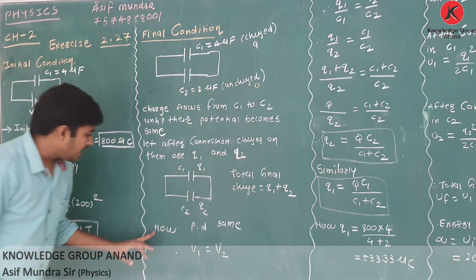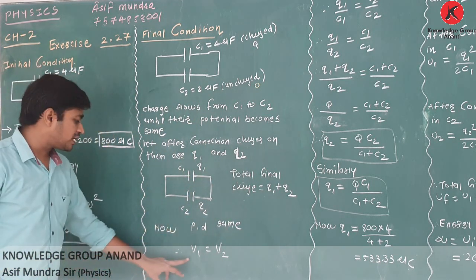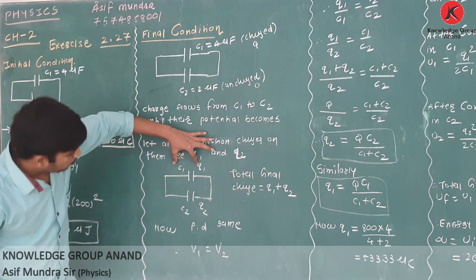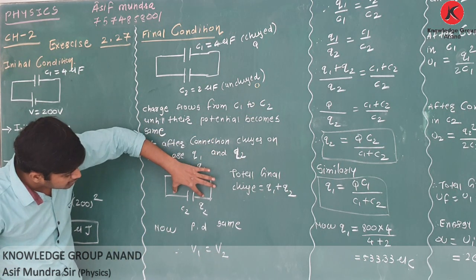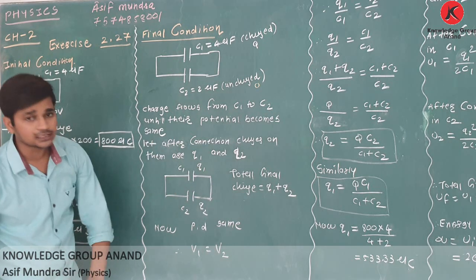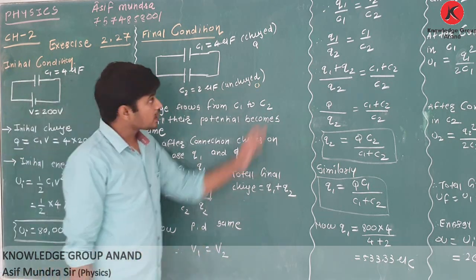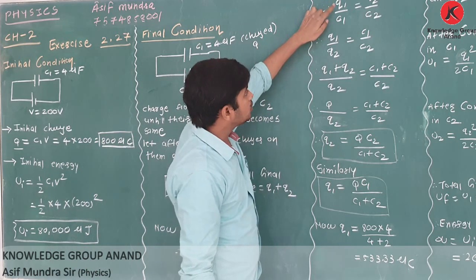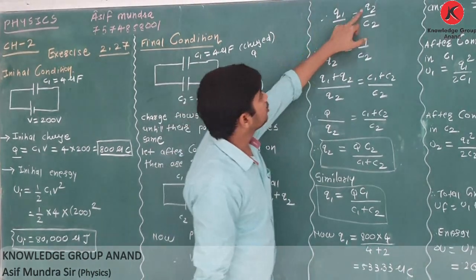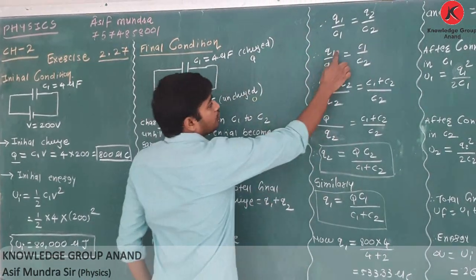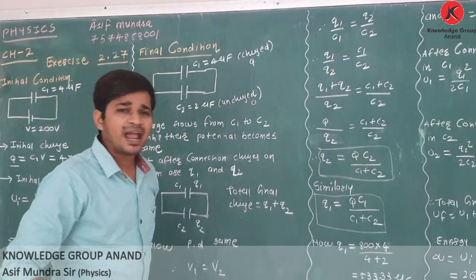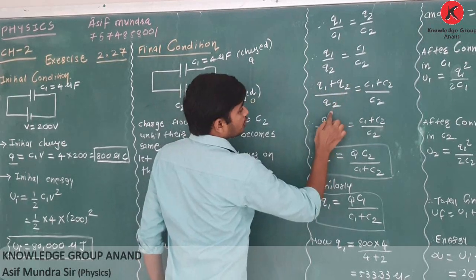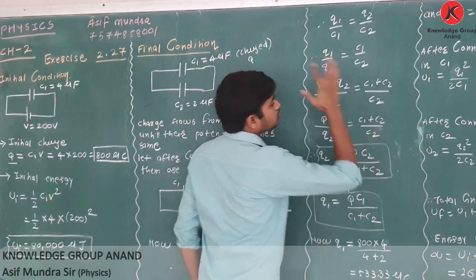Clear? Now as the potential difference becomes the same, we can write V1 is equal to V2. The potential difference between the two plates of this capacitor is equal to that between the two plates of the other. V is equal to Q upon C. So Q1 upon C1 equals Q2 upon C2, so Q1 upon Q2 is equal to C1 upon C2. Taking componendo, Q1 plus Q2 upon Q2 is equal to C1 plus C2 upon C2.